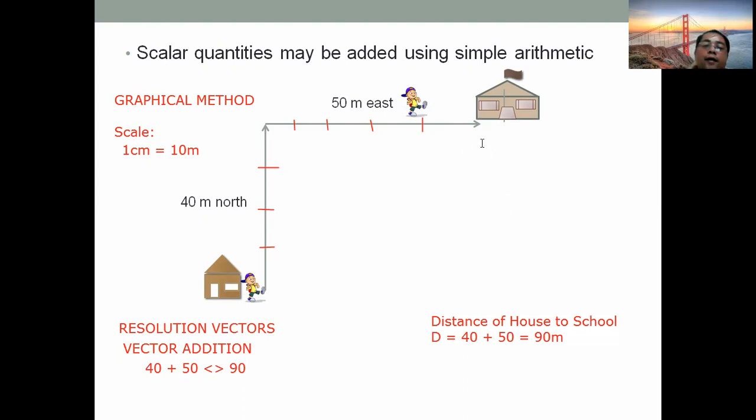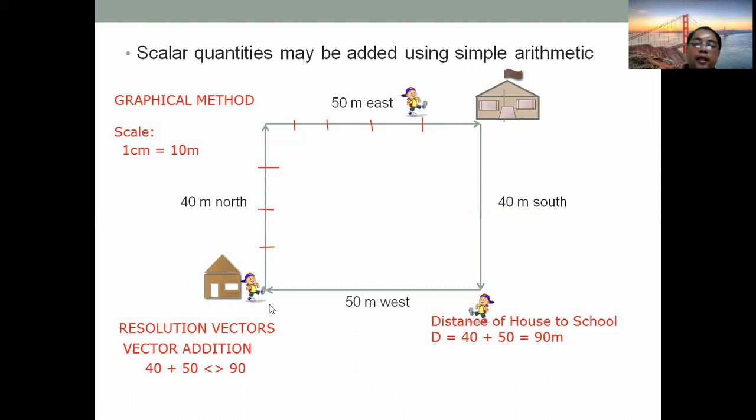Now, in the afternoon, after the school hours, the boy went home. As he went home, he walked 40 meters south, and then he walked 50 meters west until he arrived home. So question, what is the distance traveled by the boy in going home?